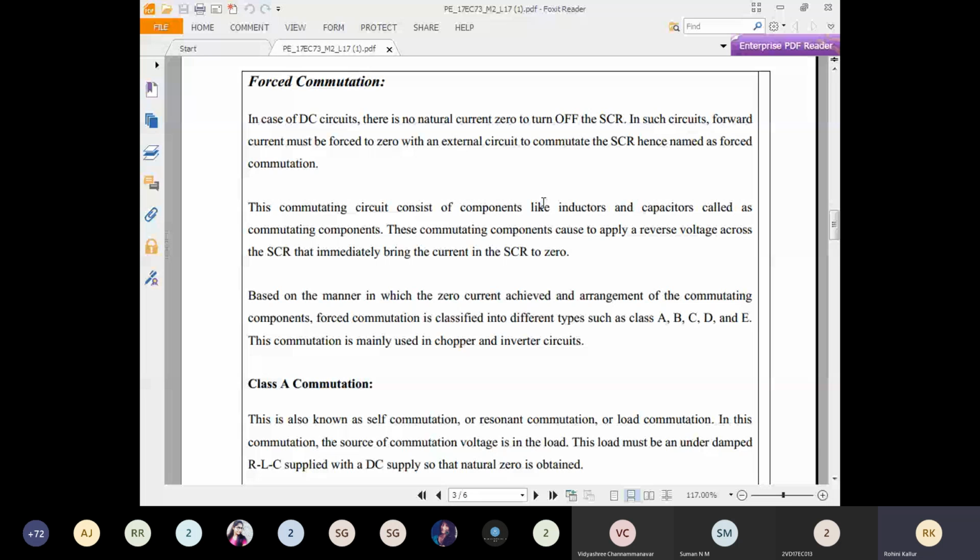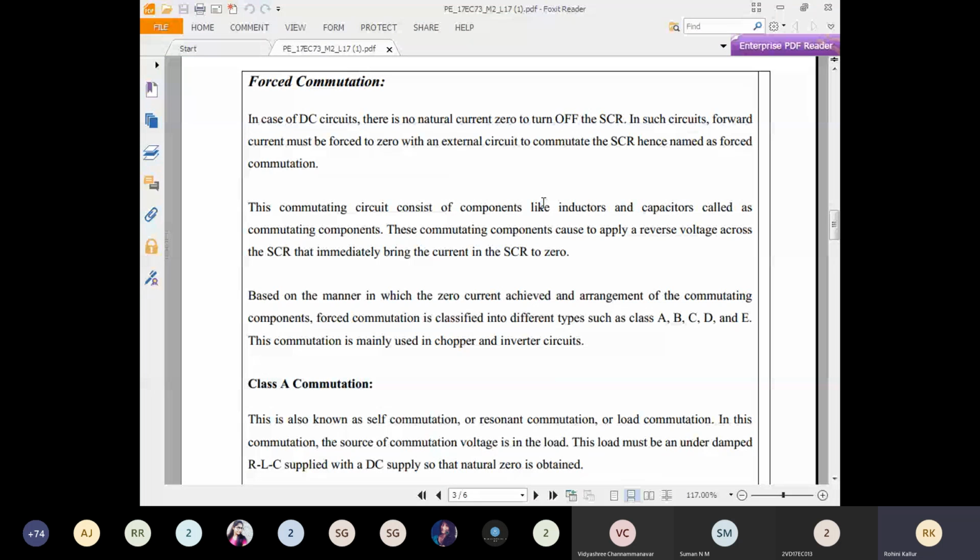In these particular circuits, what we need to do is bring the current flowing across the device to be less than the holding current. In natural commutation we have done the second condition. Here we should see that the first condition is implied.